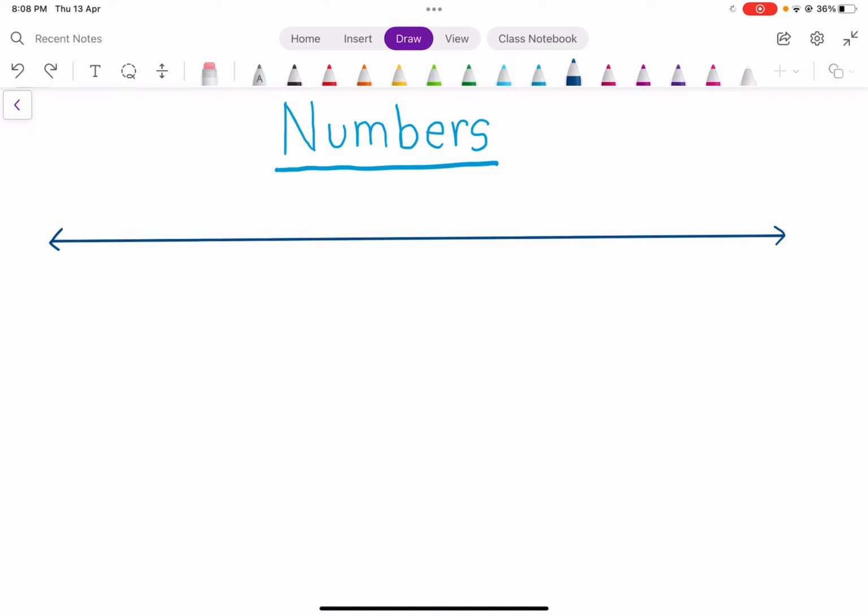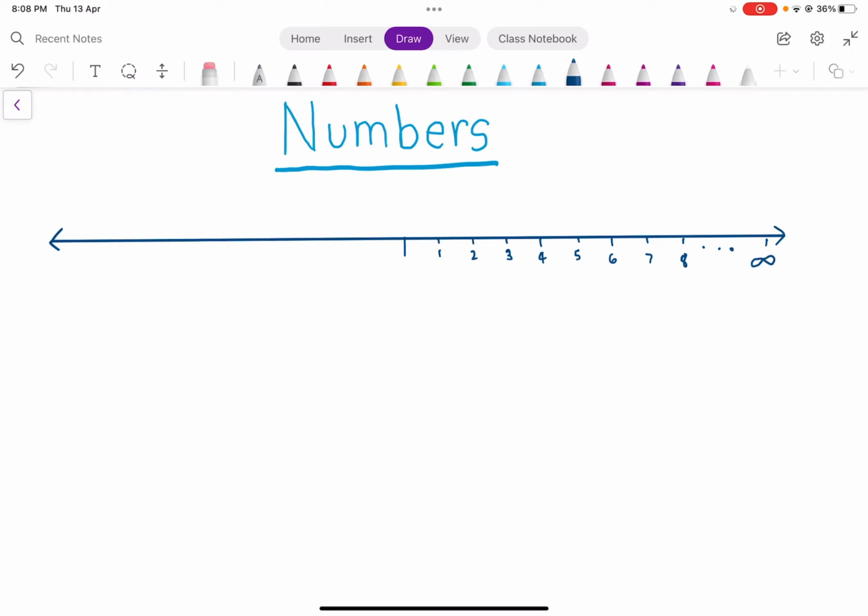Oh, that's off. Yeah, okay. So over here, we're going to write 1, 2, 3, 4, 5, 6, 7, 8. And it really just goes on until infinity.